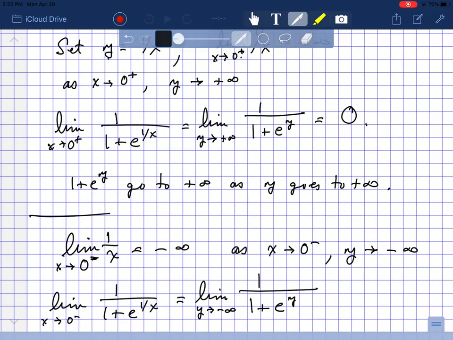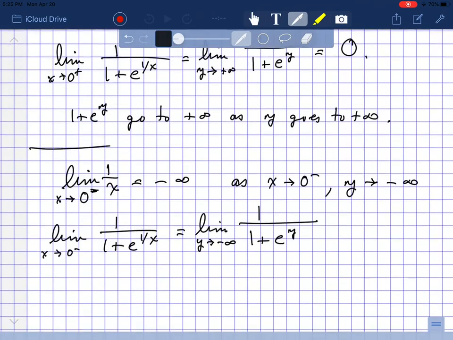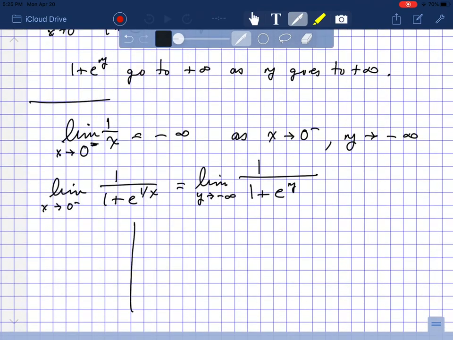Now, remember, the exponential function has a graph that looks like this. Here's my x-axis. So as x goes to minus infinity, e to the x goes to 0. As y goes to minus infinity, e to the y is going to go to 0.